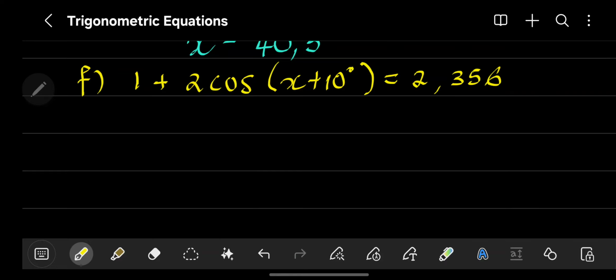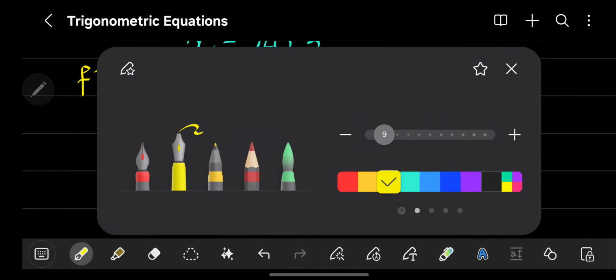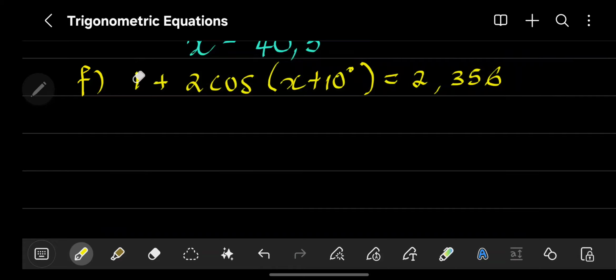So now, you see, you have so many things to remove here. You need to remove this one, this one, and this one, and lastly, you have to remove that one. Okay, so this is how we are going to remove them. We are going to start by removing this one here.